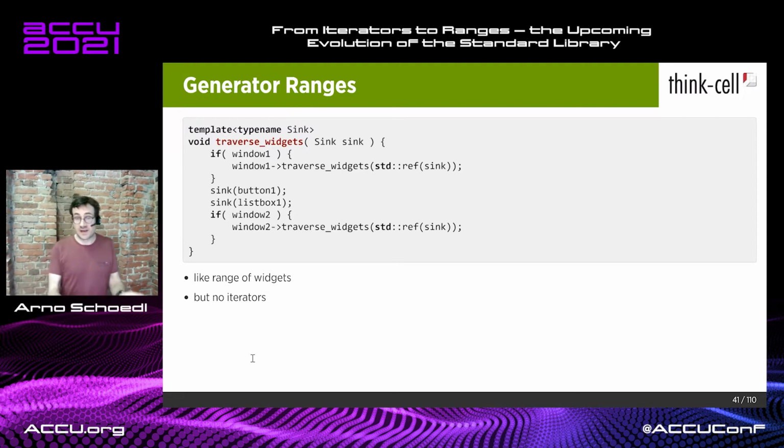And I think we write these kinds of things all the time. These enumeration functions, these for eaches. And it's kind of like a range, right? But it doesn't have iterators.